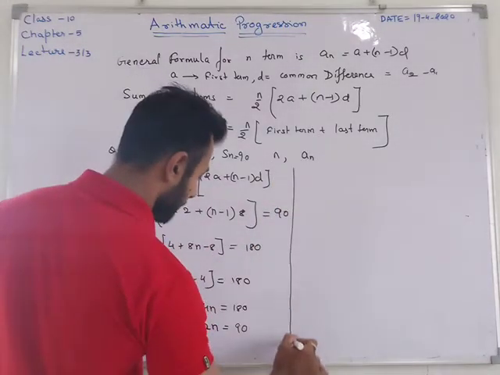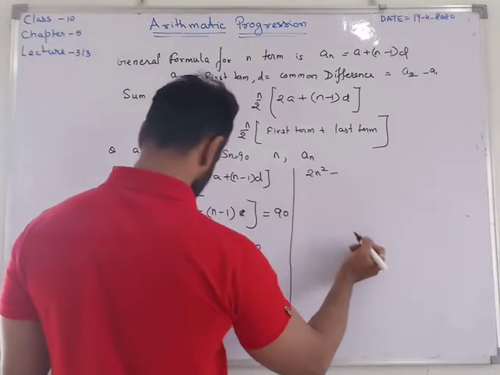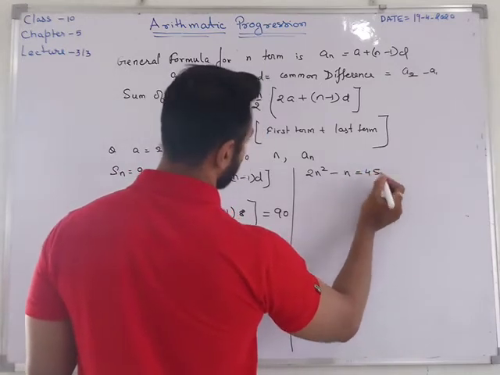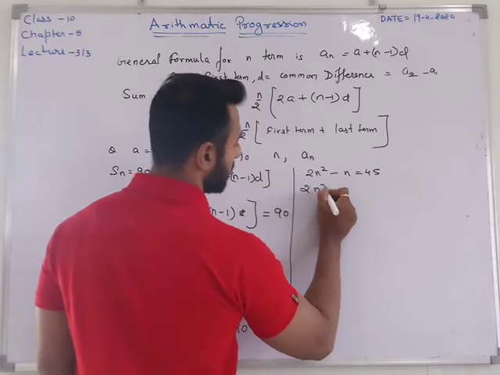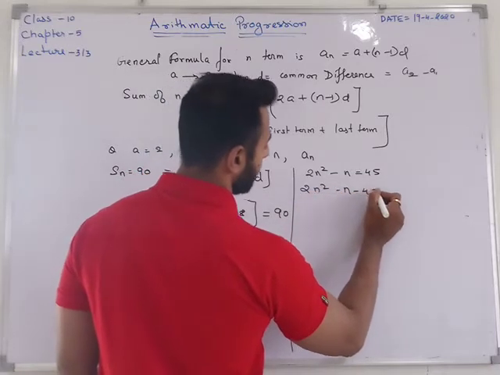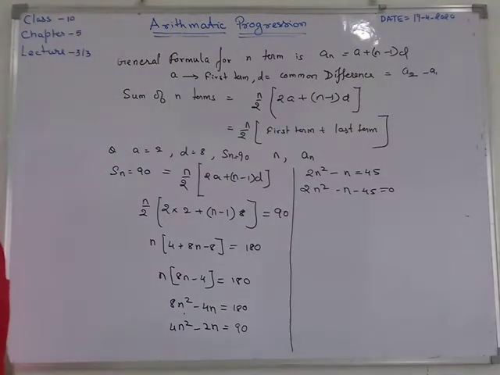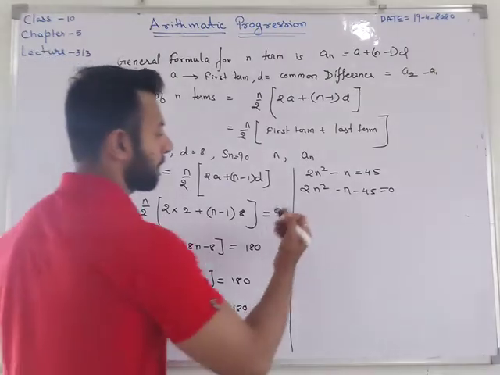We will be getting 2n square minus n is equal to 45. Taking this 45 to the left hand side, 2n square minus n minus 45 is equal to 0. Now we have the quadratic equation in n. We have to solve this quadratic equation and find out the value of n.